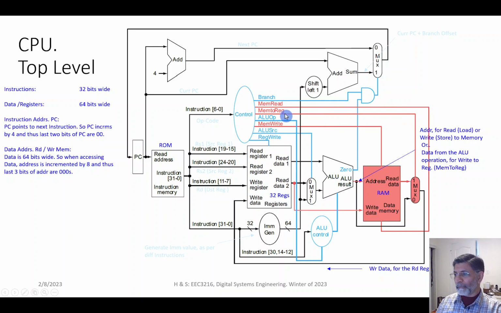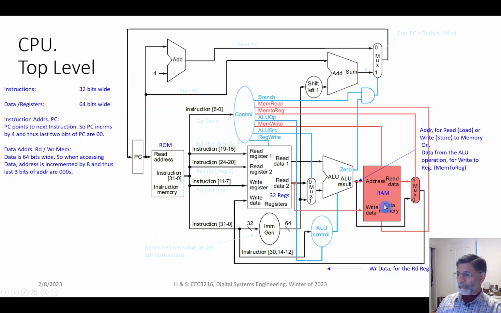And depending upon this control bit, we are going either from memory to register, or from the ALU to register. So the write data to the destination register comes out from here, and this bit decides whether we get that write data from the memory or directly from the ALU. So that's another section of this processor from the top level.